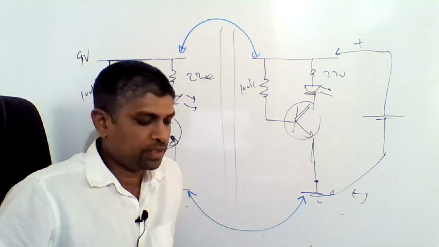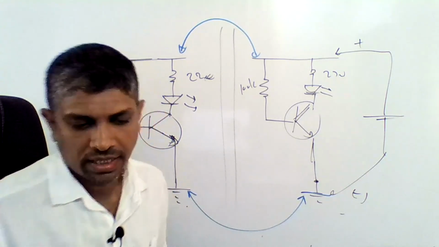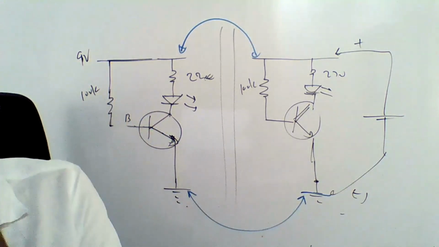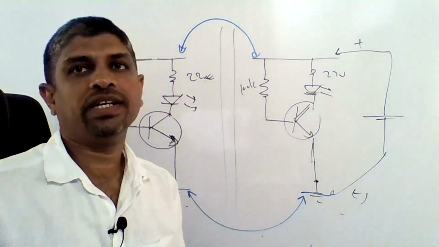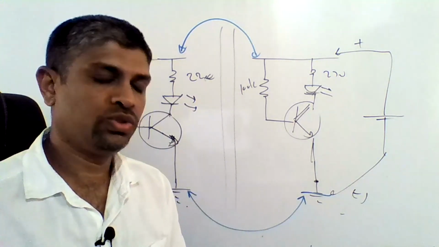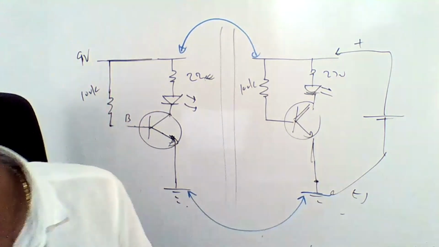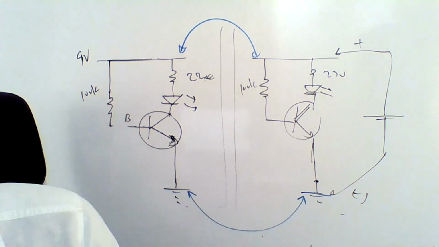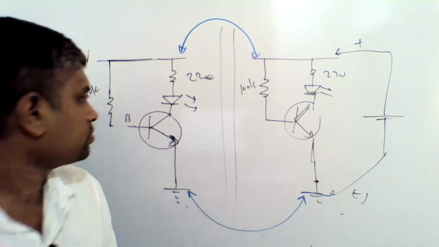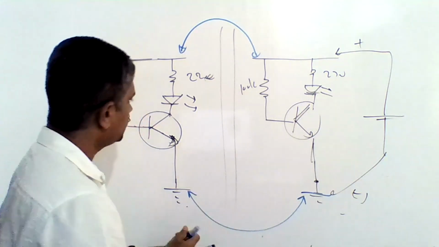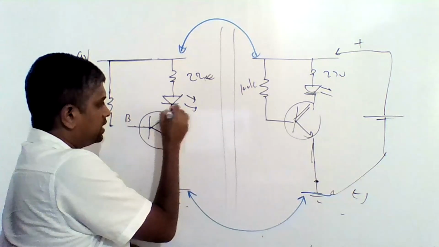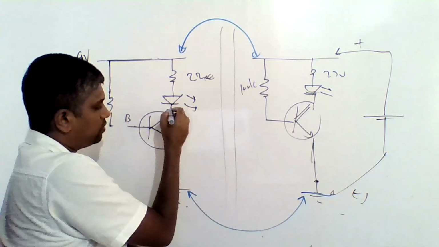Then the special part. You have to take two capacitors, two identical capacitors. Usually you have used a 10 microfarad capacitor or 100 microfarad capacitor. Look at all of you.